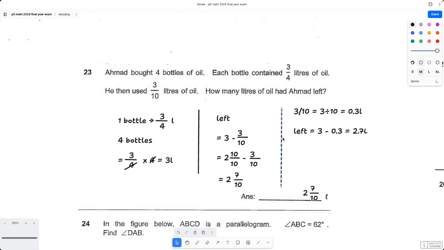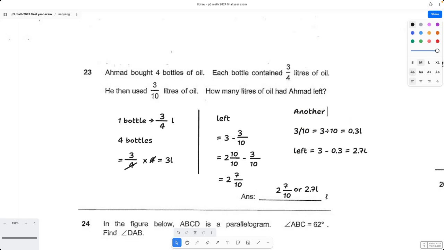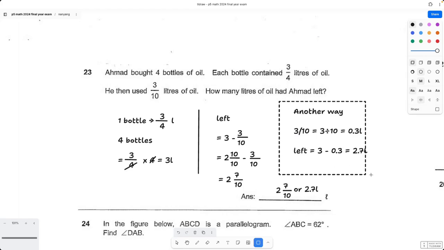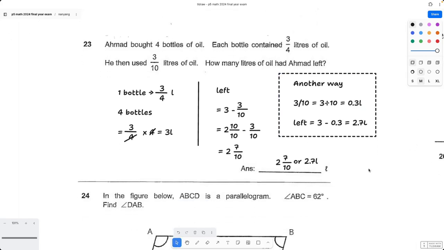So it's either 2 7 out of 10 or 2.7 liters. I'm gonna write it out like this. So you can see another way.